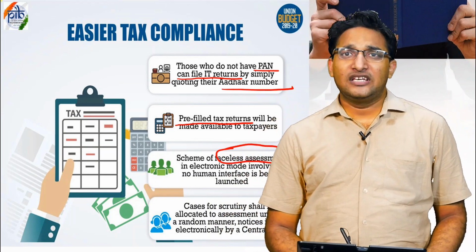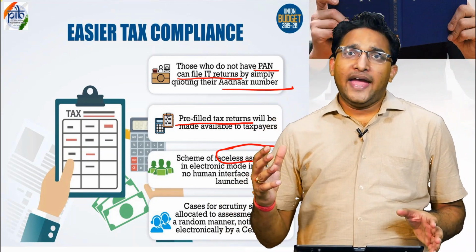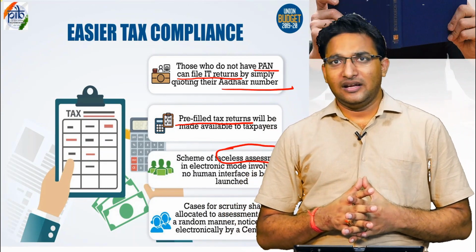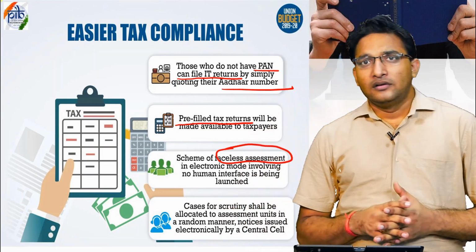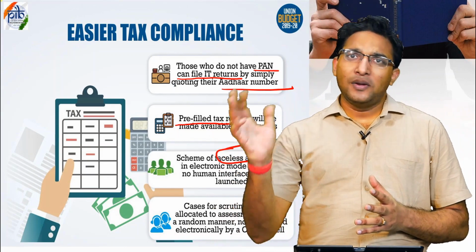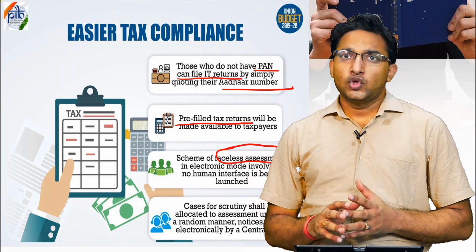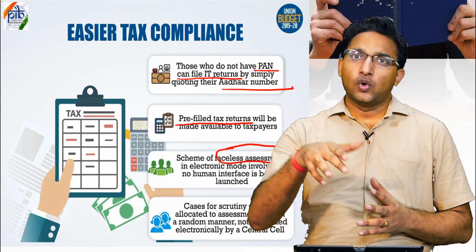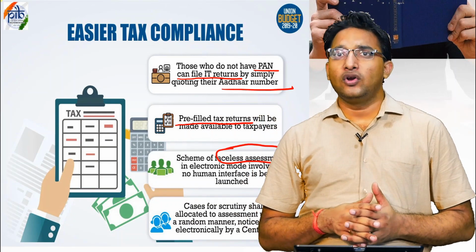Faceless assessment basically means that at the time of finalization of the income tax calculation, the income tax return, the electronic notices will be issued from a central system. So any officer cannot decide who will get the notice or not.